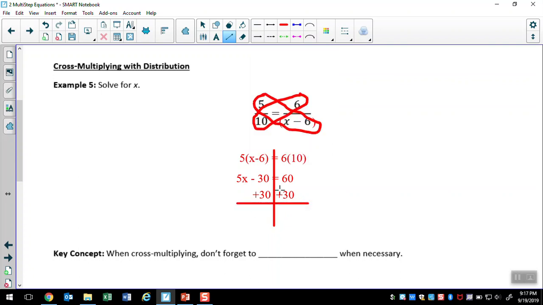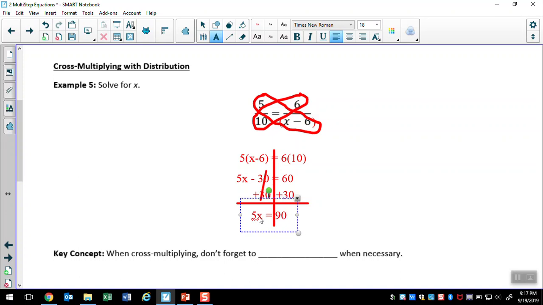So I'm just going to draw my line in. All right, and now here's my additive inverse. They cancel each other out. So I'm left with just the 5x on this side. And that's going to equal, whoops, not plus, equal 60 plus 30, which gives us 90.